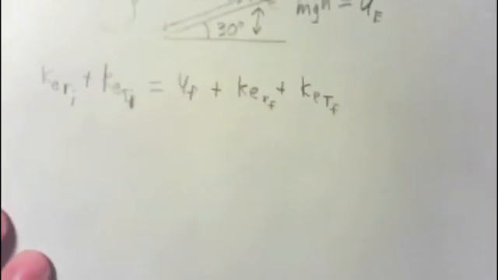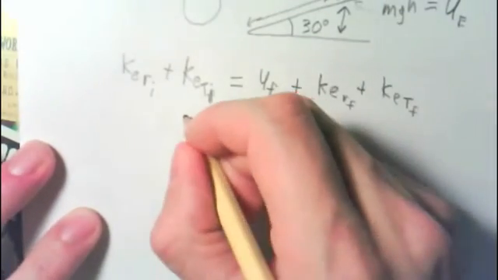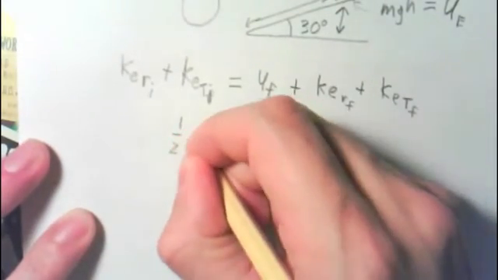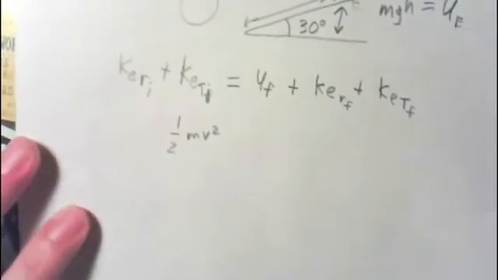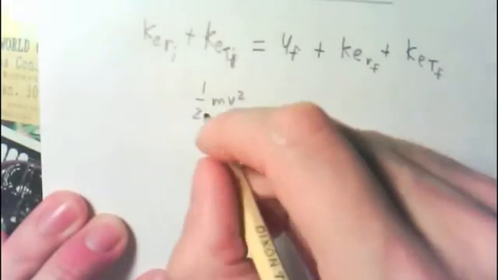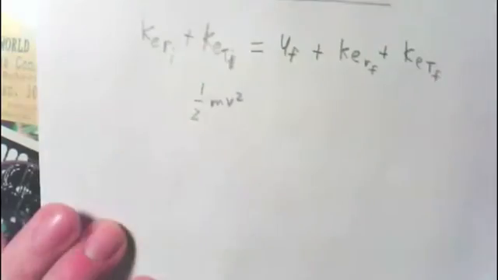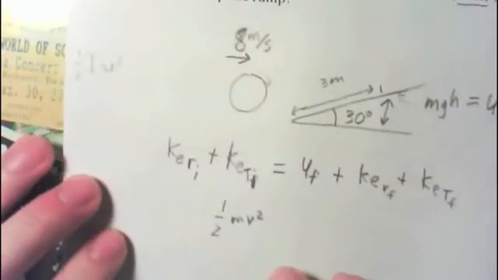All right, so we know that kinetic energy for things that are translating is 1/2 mv squared. Easy. We know that things that are rotating are going to have this formula, 1/2 moment of inertia, rotational velocity squared.